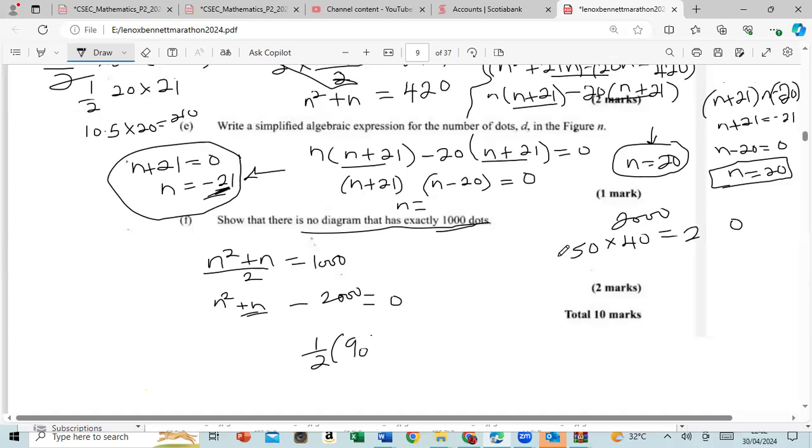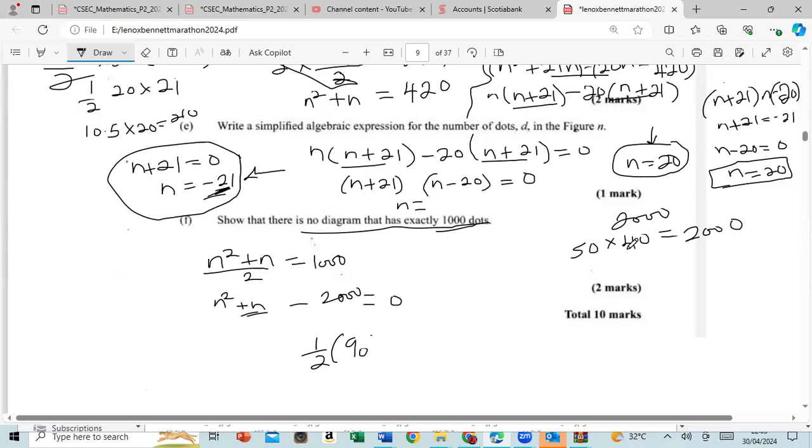So I'll take the average between them, 45. 45 times 45. The product is supposed to be about 2,000, and then the difference.